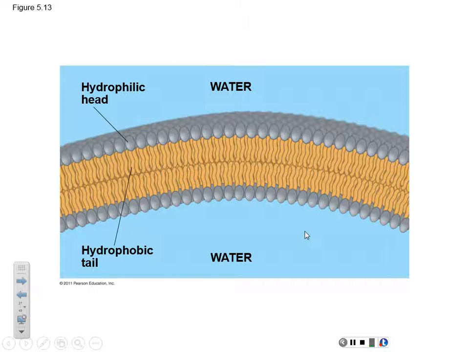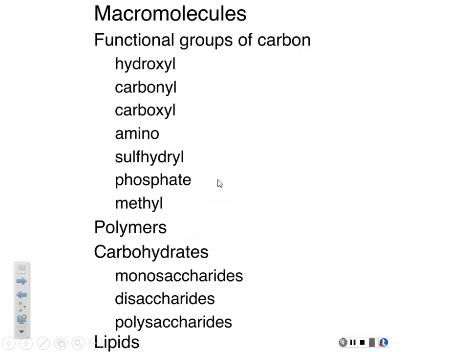And so that structure, again, is a phospholipid bilayer, because there's two in the layer. There's a layer, so it's a bilayer. And again, that's what cell membranes look like. And we'll talk about those a fair bit more on Tuesday of next week. All right, so that's the outline from Tuesday's lecture.